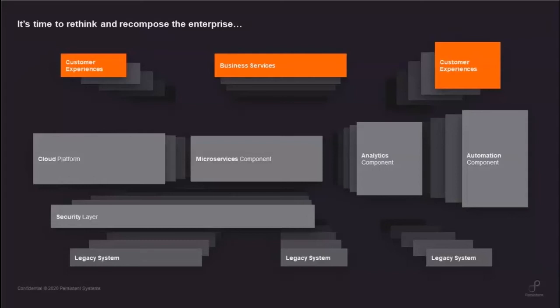an environment where the enterprise had been starting to work on the components themselves, whether at the cloud platform layer, at a microservices component layer, or at the analytics components, including things like AI and other services that you want to use. And they were working in silos, dealing with multiple vendors in silos.